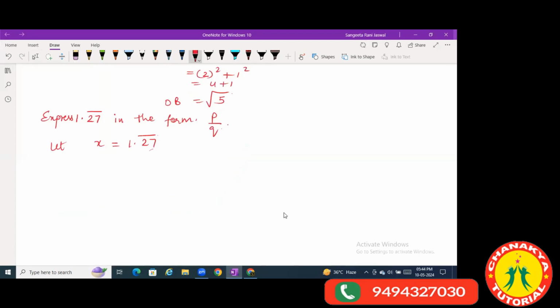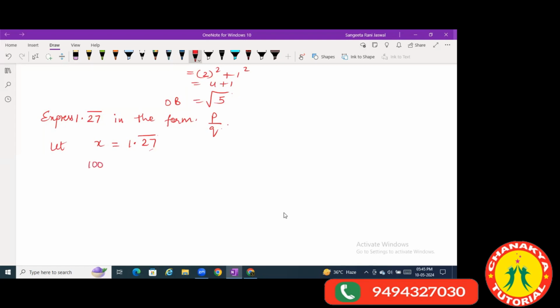Now we see that the decimal point is after 2 places, and these two numbers are repeating again and again. Suppose if we multiply this with 10, my decimal point will shift 1 place, but that is just 1 place. So what will I do? I'll multiply this with 100.